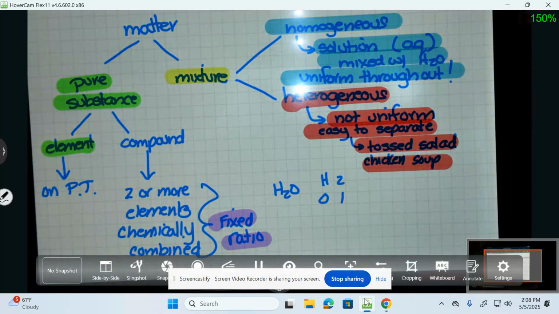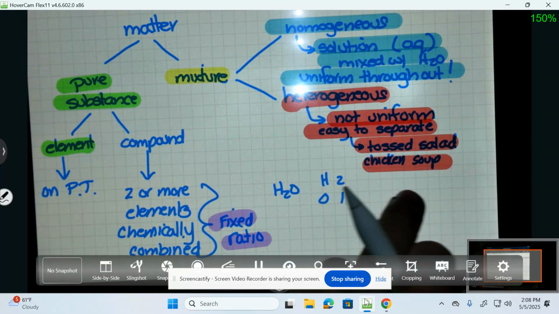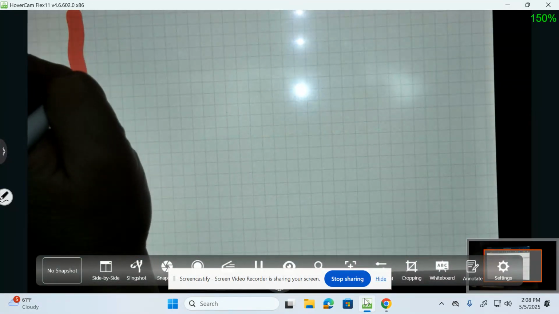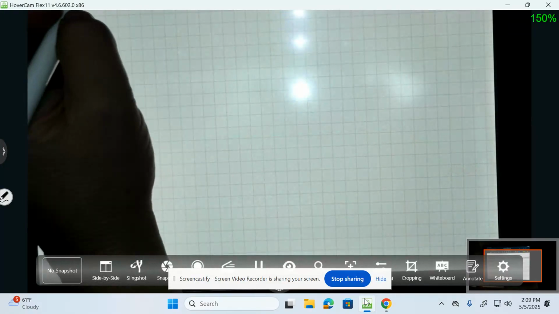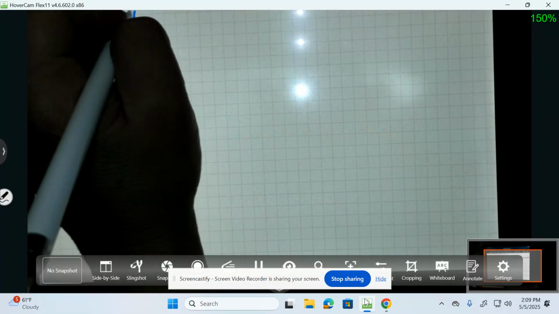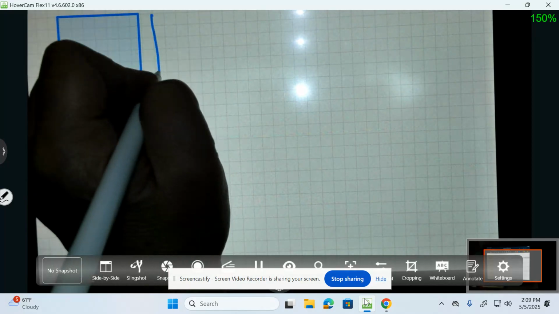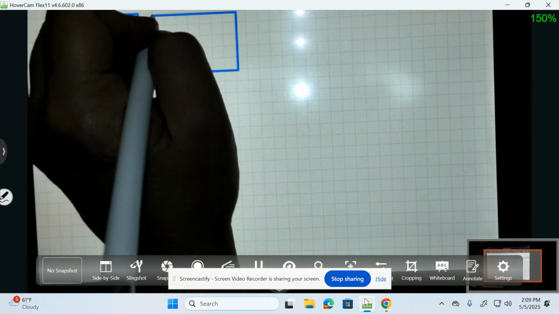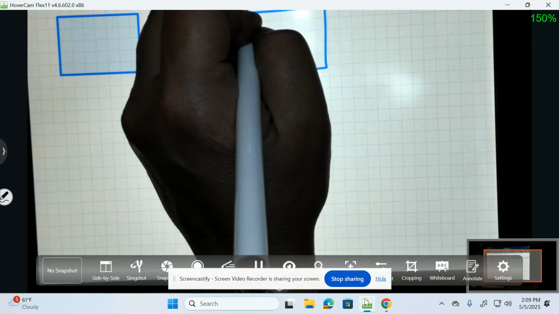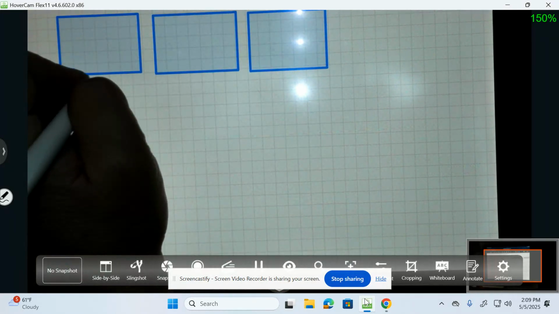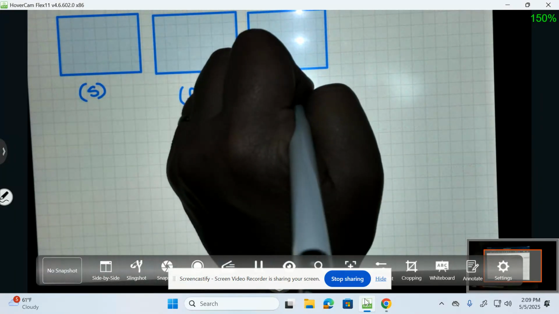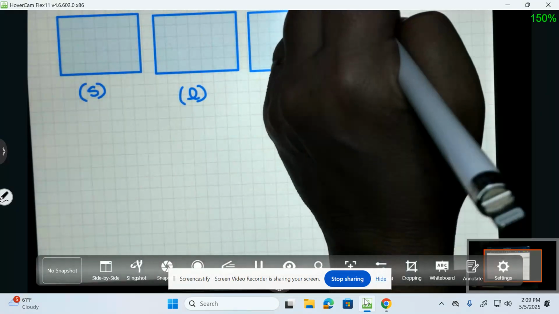Let me show you some particle diagrams just to jog your memory. Let's do this. Make some boxes here. Okay, solid, liquid, gas. These are going to be pure substances.